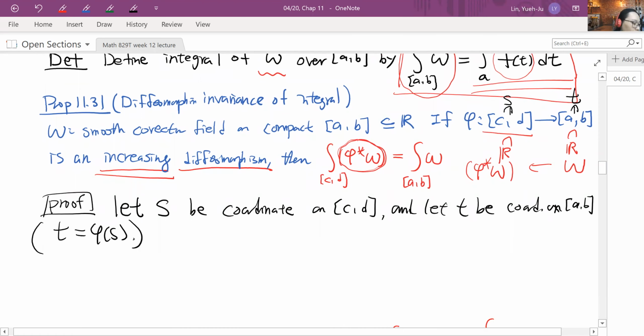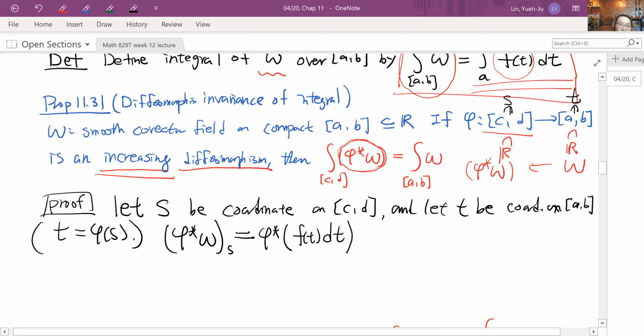Okay, so now with this, I can check what phi star W evaluated at s would be. By definition, I'm pulling back W. W is f of t dt.